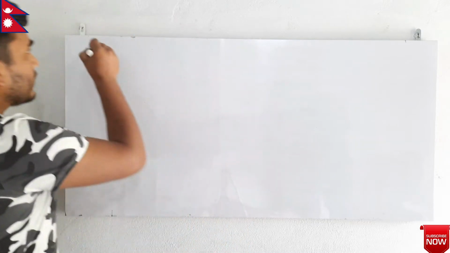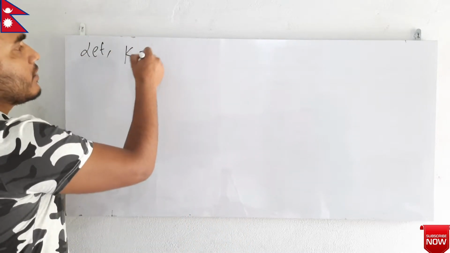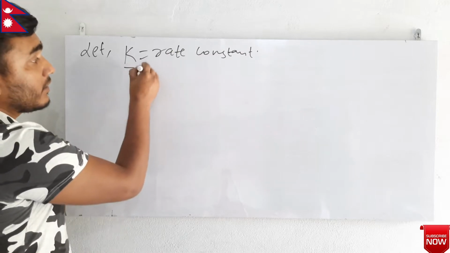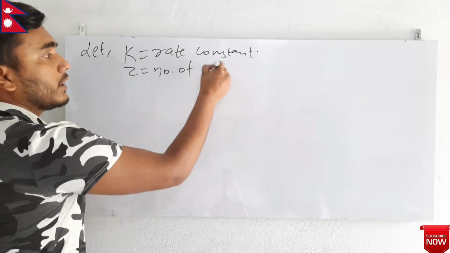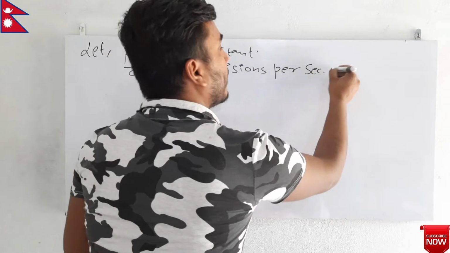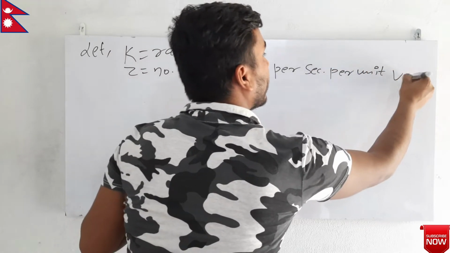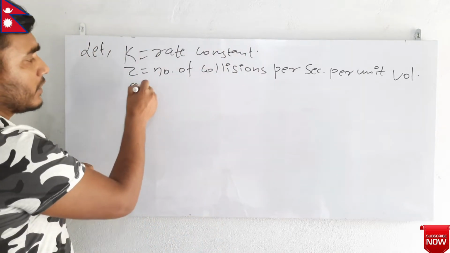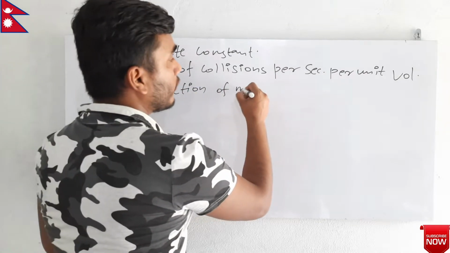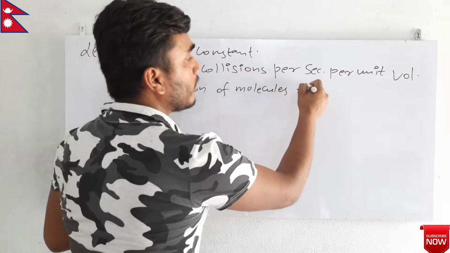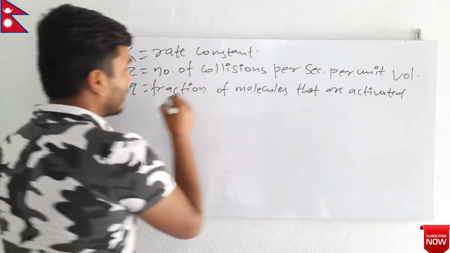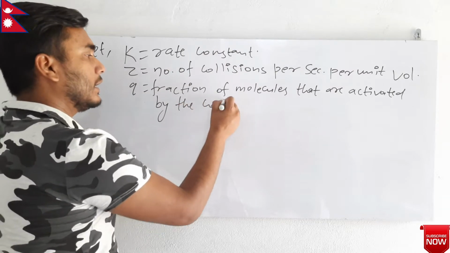Let us consider K is the rate constant, Z is equal to the number of collisions per second per unit volume, and Q is the fraction of molecules that are activated by the collision.